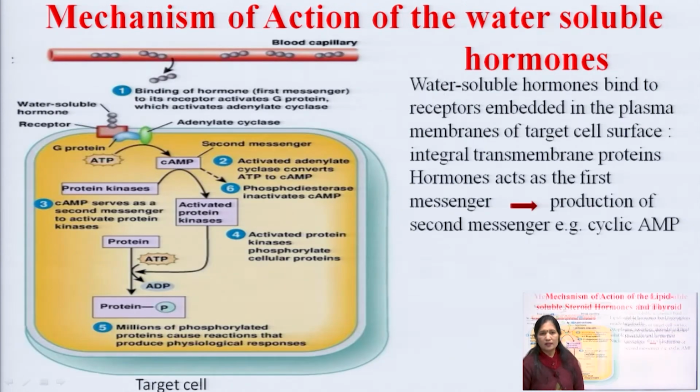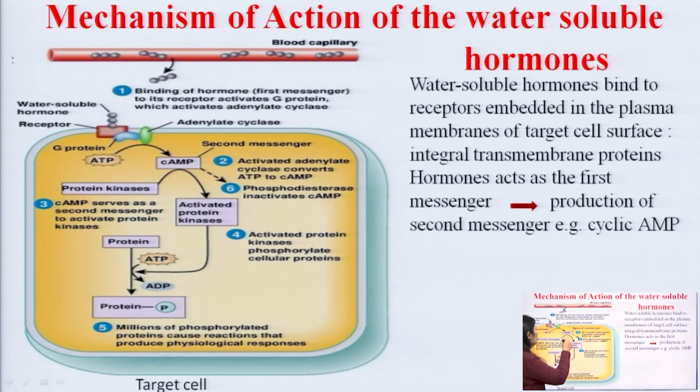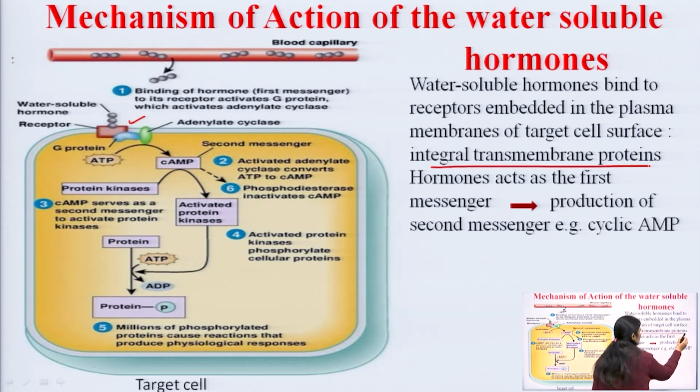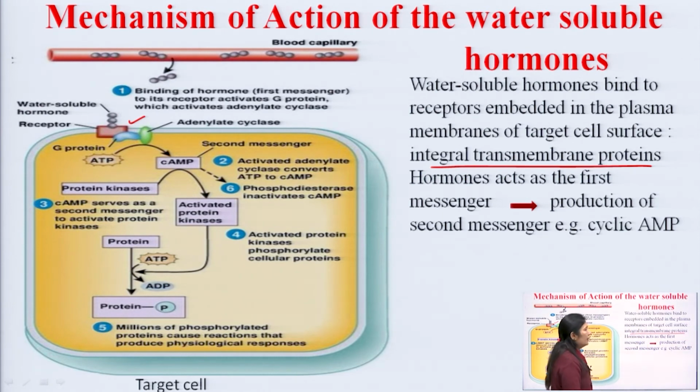Thus they produce their action by binding to their receptors. Water soluble hormones cannot cross the cell membrane, so their receptors are present on the cell surface. The receptors for water soluble hormones are integral transmembrane proteins. This is a G protein coupled receptor.